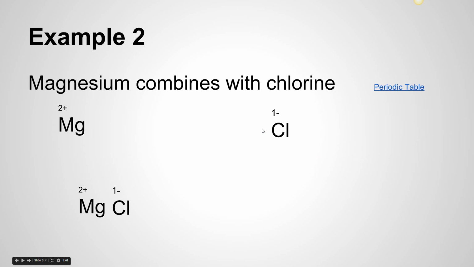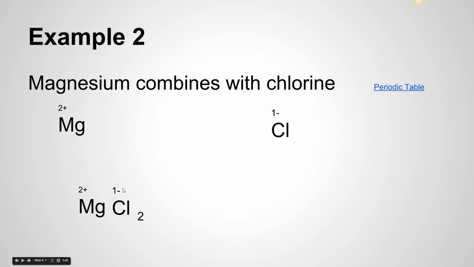So magnesium needs to give up 2 electrons. Chlorine can only accept 1. So we need another negative on the anion side. So what we're going to do is put a little 2 down by the Cl. And now we have a balanced charge.